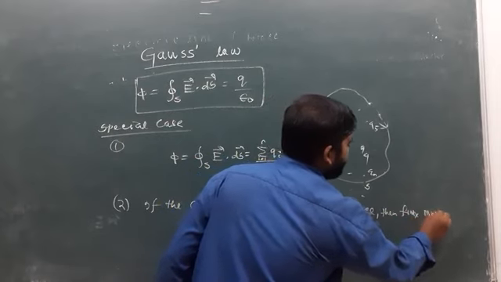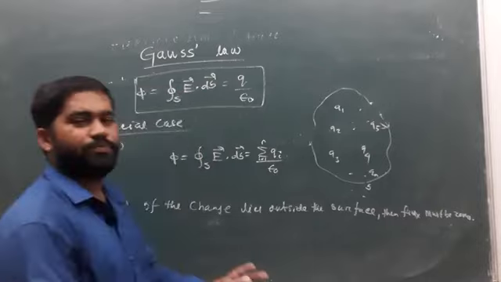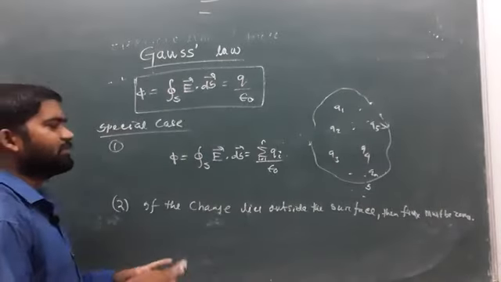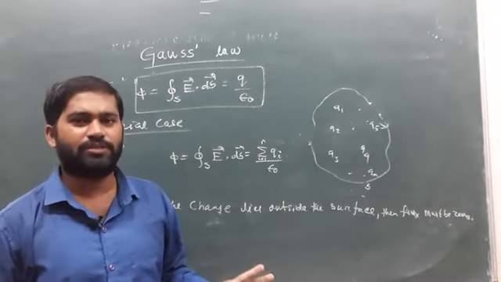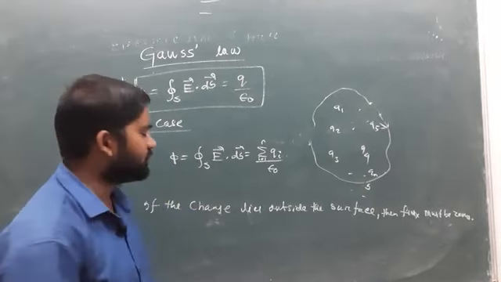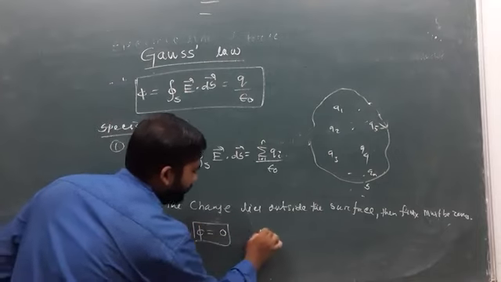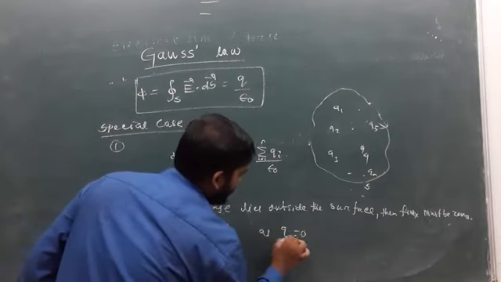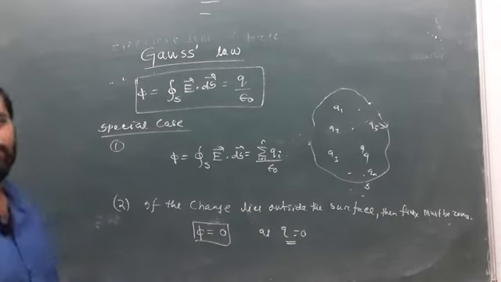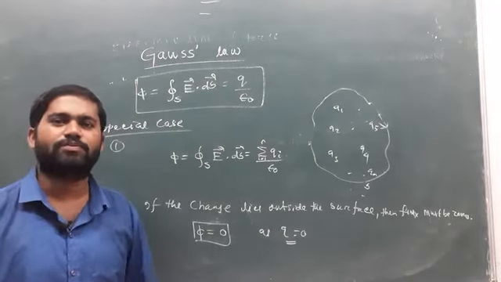When the charge lies outside the surface, within the surface there will be no charge, and when there is no charge there is no flux associated with the surface. So in such a case phi equals 0 as q equals 0. The charge associated with the surface is 0, that is why the flux linked with the surface must be 0.